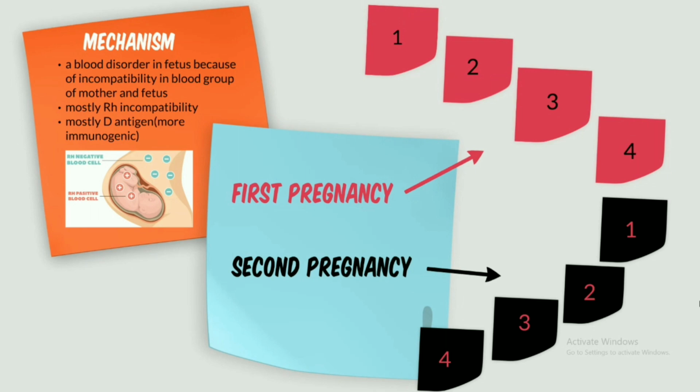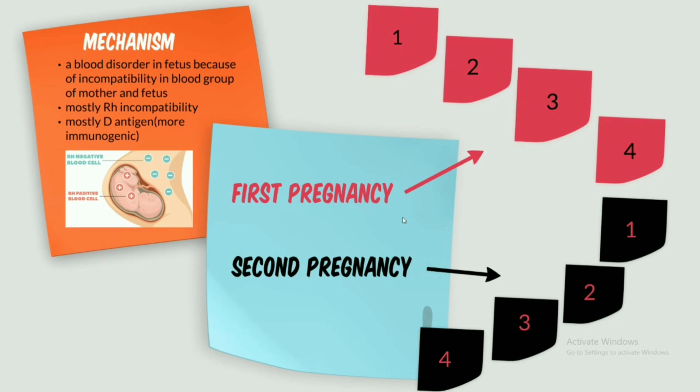There are different types of Rh antigens, A, B, C, D, and so on. D is more immunogenic, meaning it can activate the immune system more effectively. As we can see in this picture, mother is Rh negative and the fetus is Rh positive, so there is Rh incompatibility and erythroblastosis fetalis can happen.